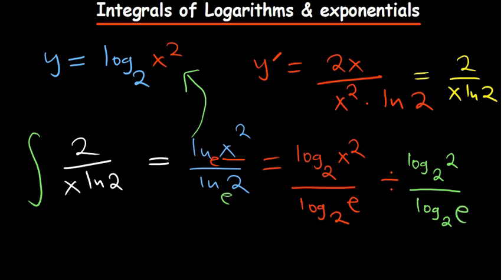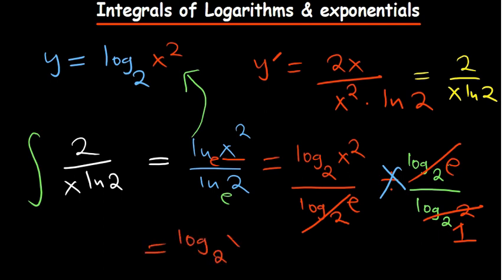So if we multiply, there will be an exchange. The e part goes on top and then the 2 goes down. Of course that is equal to 1. This and this will divide. So we are going to have only log 2 of x squared remaining. So you can see clearly that indeed integration is the opposite of differentiation.